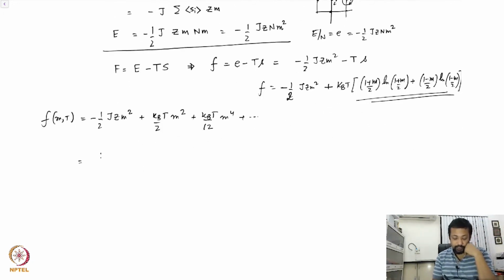So this one I can easily write down as (T minus Tc) times m squared plus k_B T over 12 m to the fourth plus higher order terms, right?